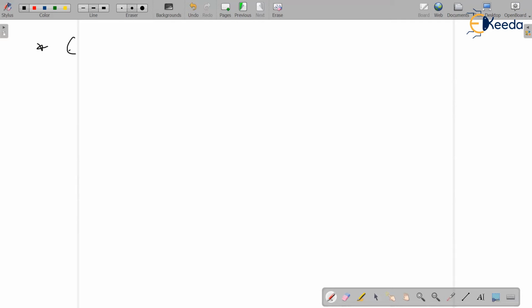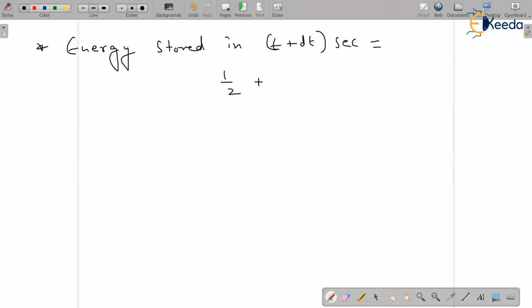Next, energy stored in t plus dt seconds is equal to half (L plus dL)(I plus di) whole square.